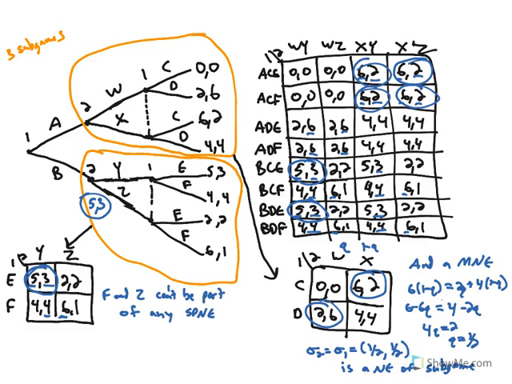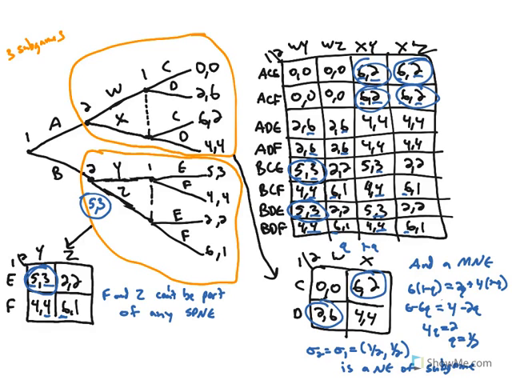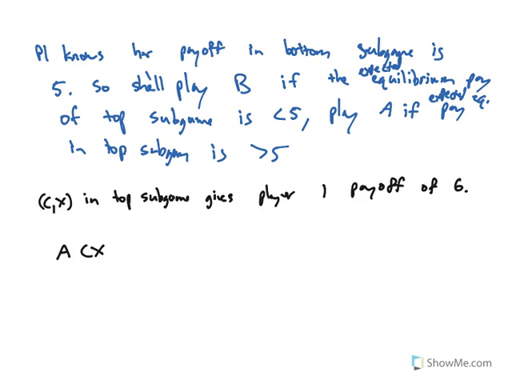Player one plays A, and the top is played in CX, right? So let's put this information together. I'm just listing what has to happen, and then we'll put it together as a strategy profile. A and CX are played, and then in the bottom, player two is definitely going to play Y, and player one is going to play E, because it has to be played in equilibrium in the bottom subgame. So Y and E.